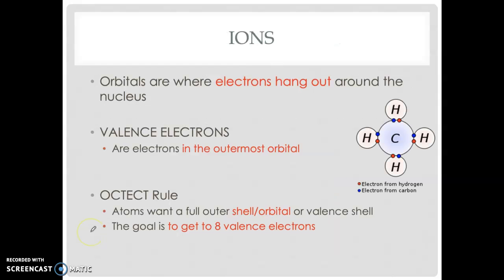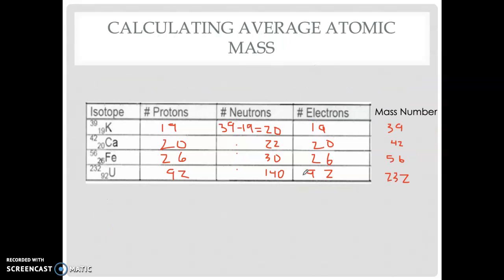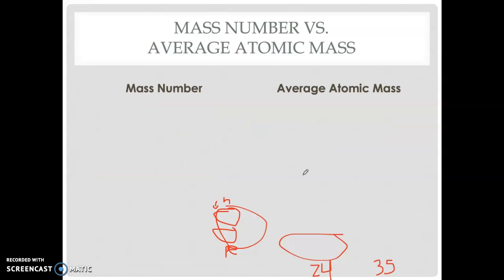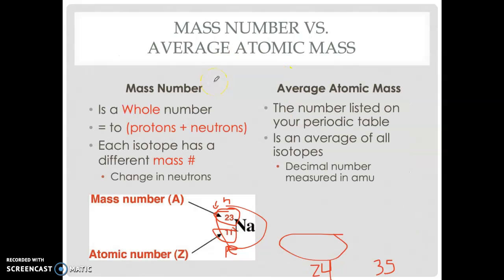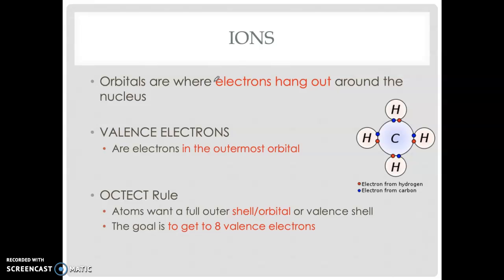So let's talk about ions. This relates back to valence electrons. Orbitals, if we go back to what our atom looks like in a very simple sense, are the spot where the electrons hang out, the outermost part of the atom. Valence electrons are the ones that are just in the outermost orbital.